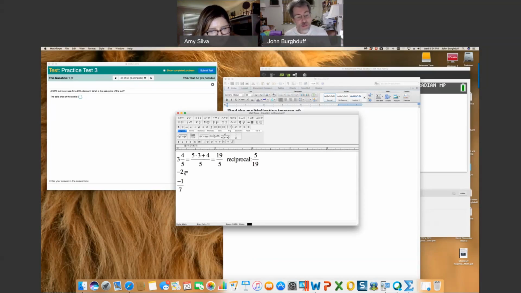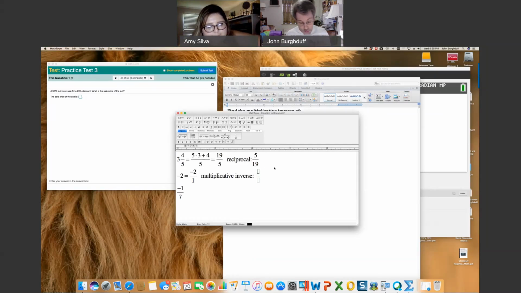Similarly, if you have a whole number, you have to make that into a fraction before you can do anything else. Any whole number can be written as itself over 1. So I can write the -2 as -2 over 1. And then if I want the reciprocal of that, or multiplicative inverse to be the $1,000,000 word, you can flip that over, and that would give you -1/2.